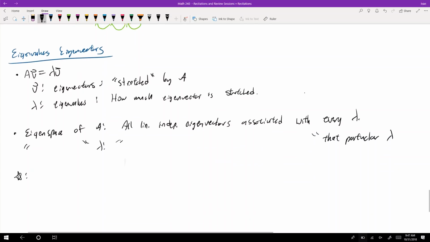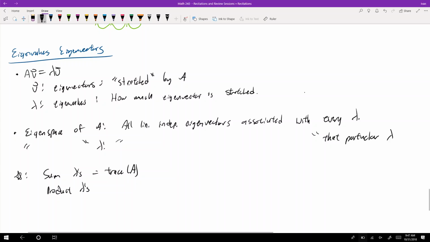The really important things: the sum of the lambdas is equal to the trace of A, and the product of your lambdas is equal to the determinant of A. And then there was one I introduced on Monday.